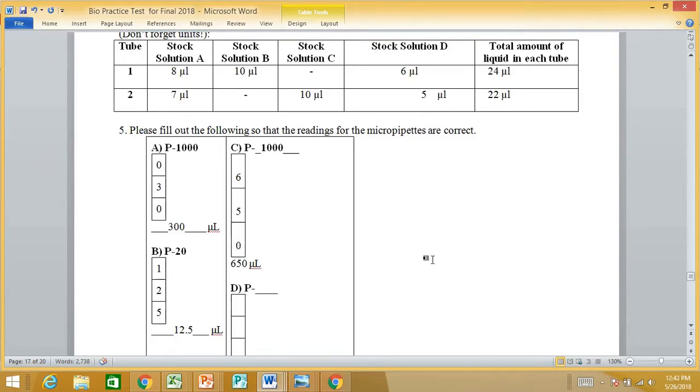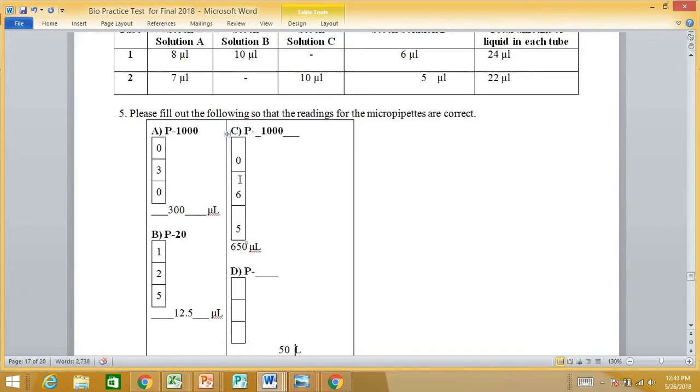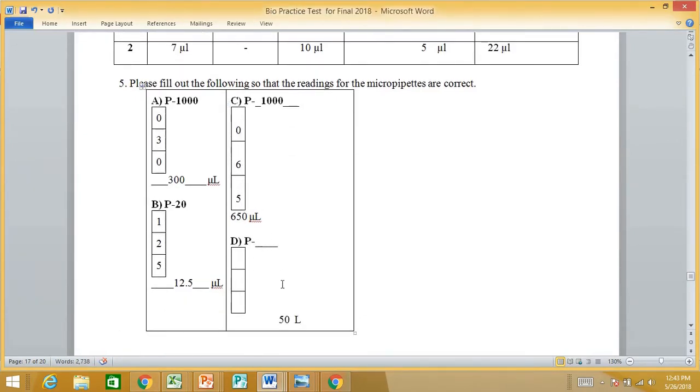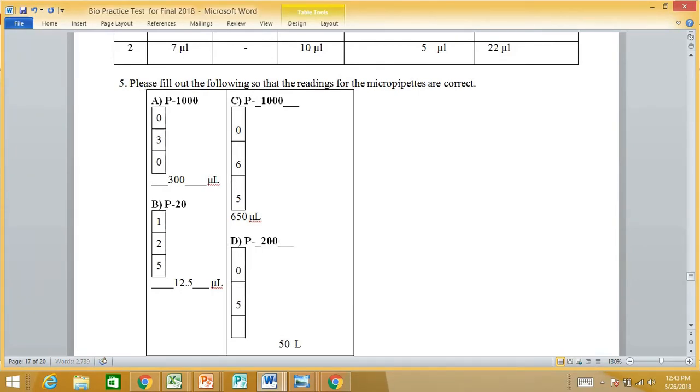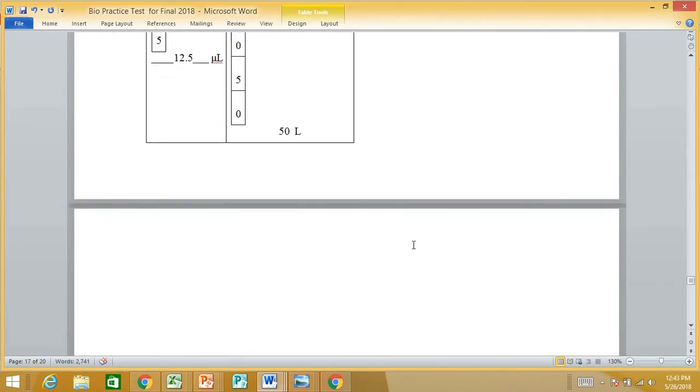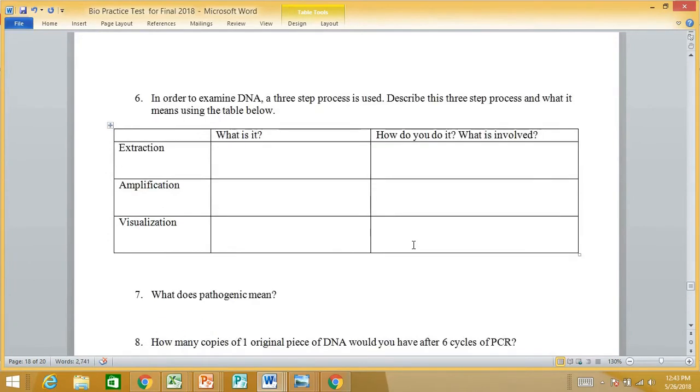And then if you are going to do 50 microliters, you would be using the P200, and that would be 0, 5, 0. Yeah? All right, there's your micropipettes.